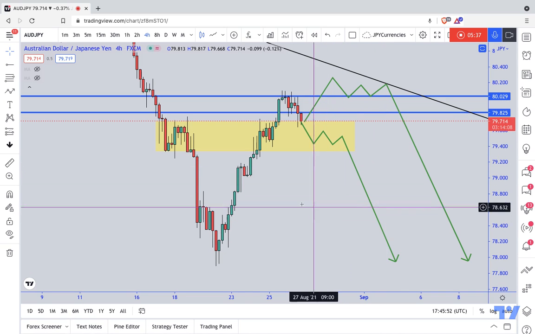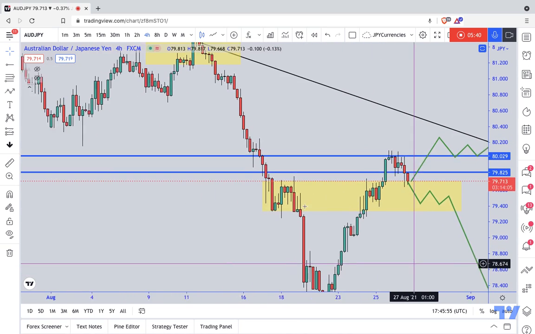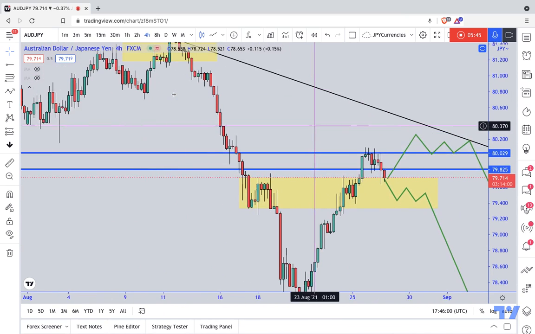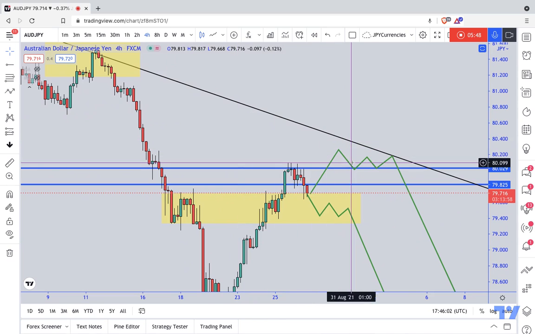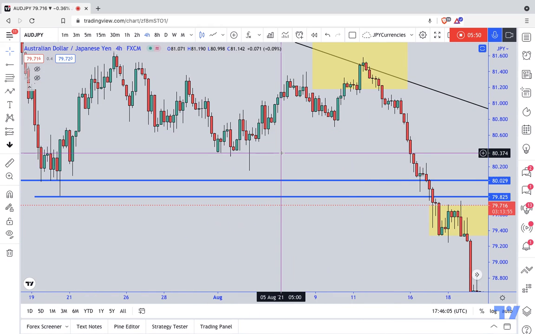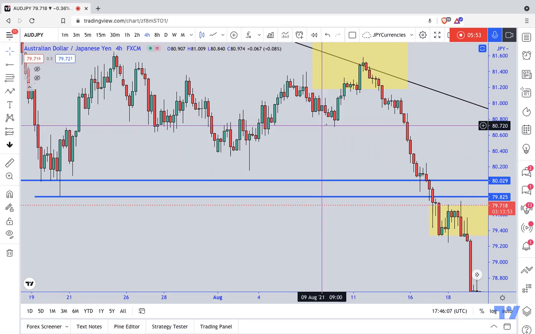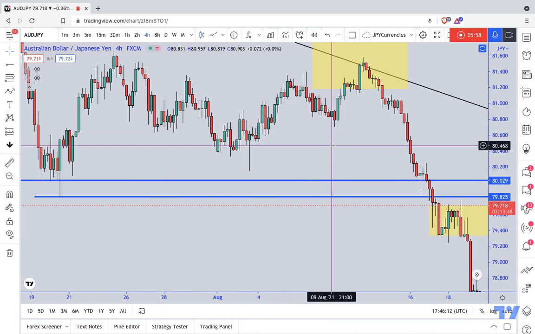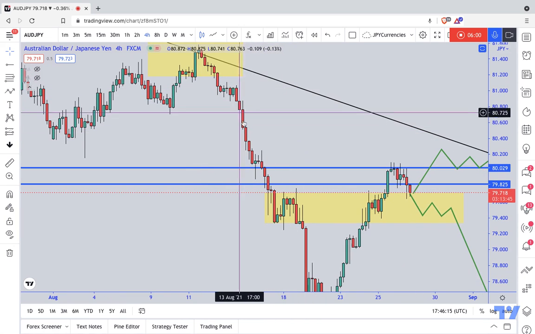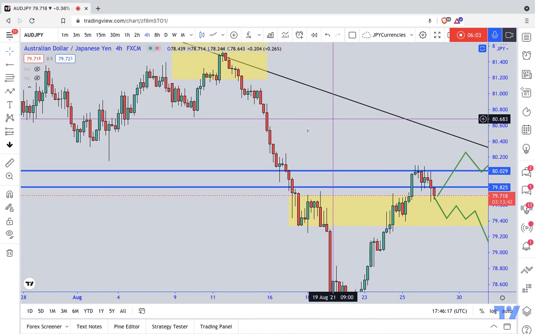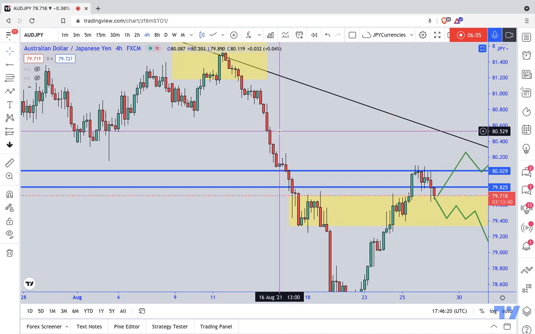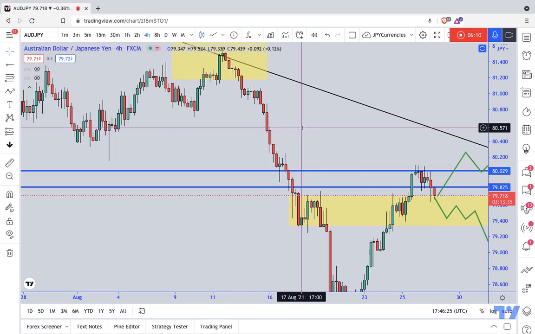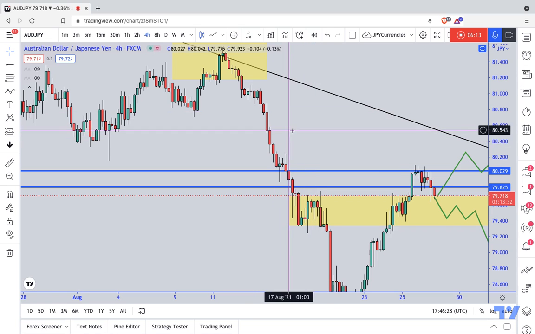So yes, to be safe, you could be looking to have your stops maybe above, let's see. I don't think we're gonna come to these prices. The Aussie dollar sold off so sharply, there aren't many order blocks you can look at as potential strong resistances or pivot points in the future.